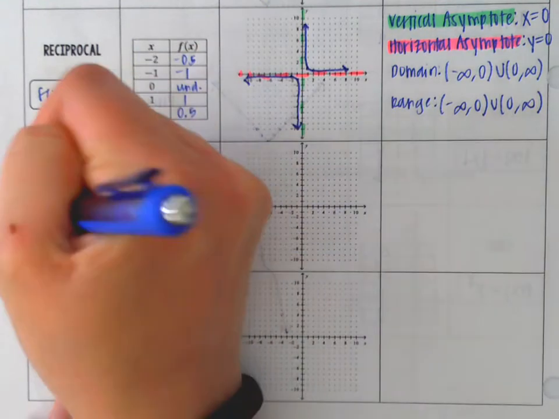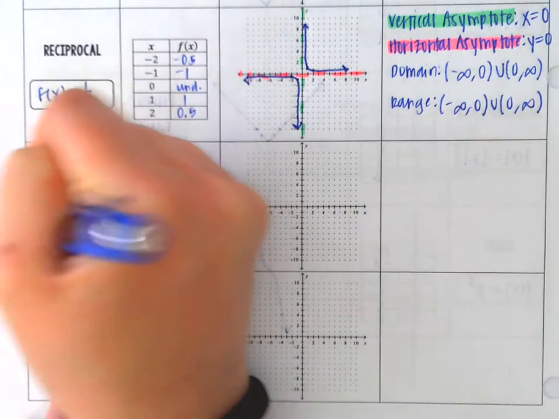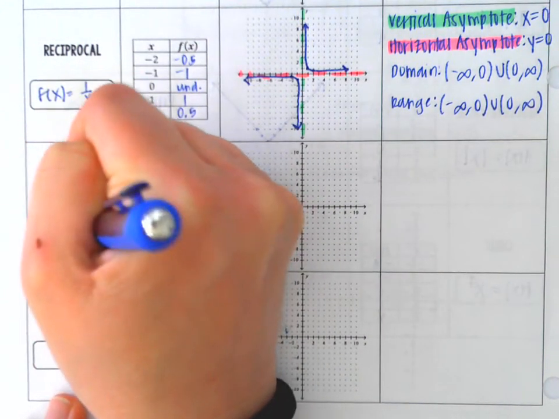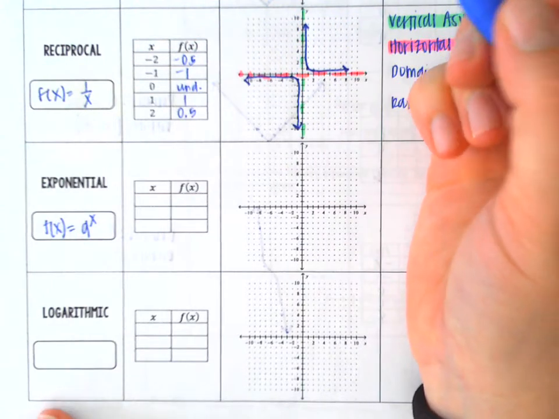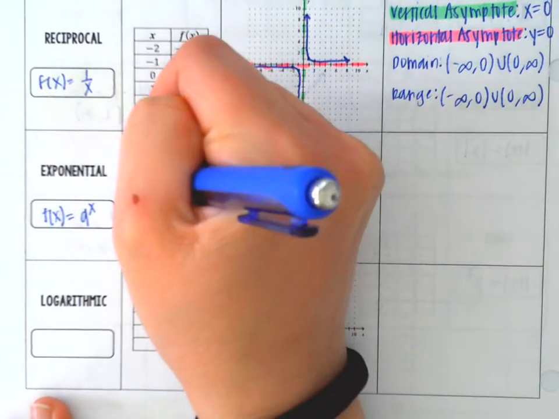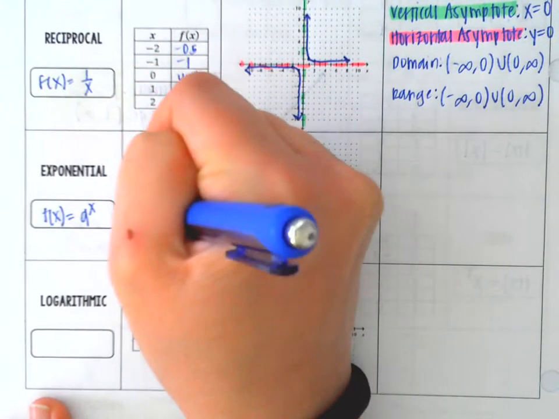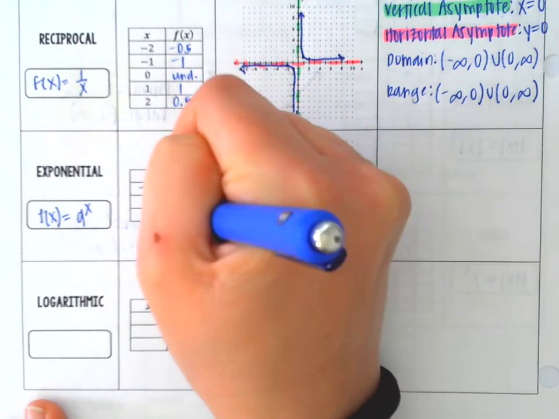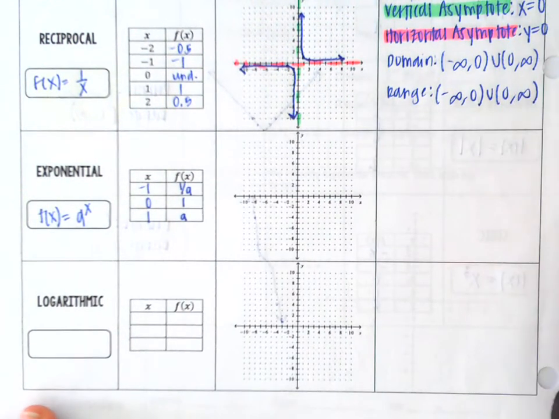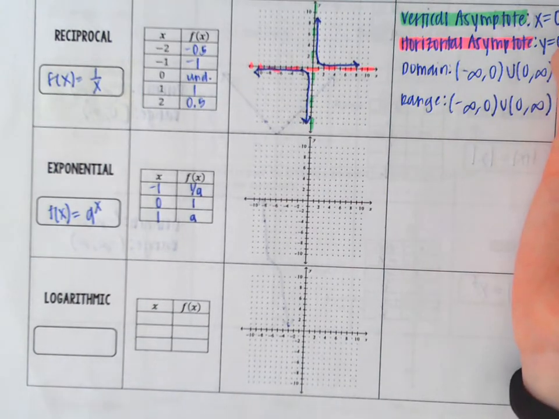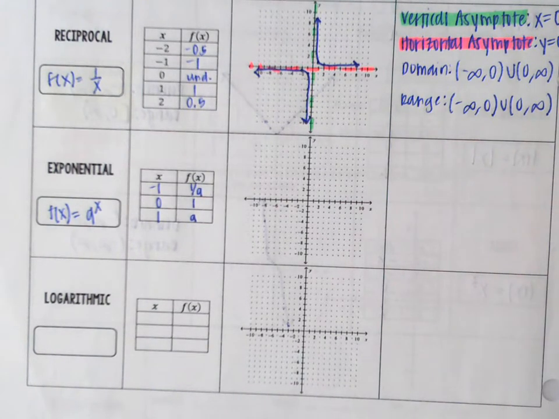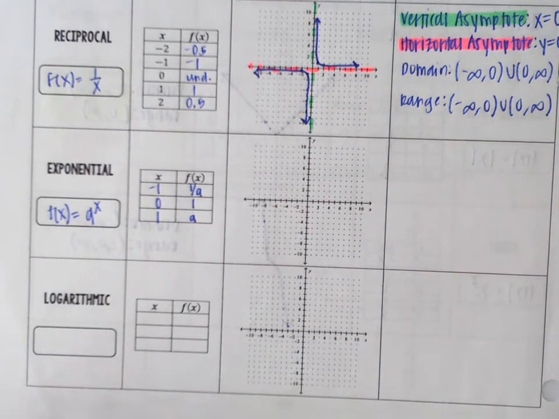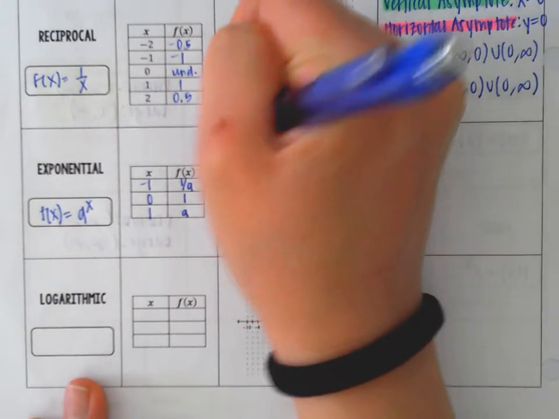So the parent function for exponential is f of x is equal to a to the x power. In our parent function table, we always use -1, 0, and 1. And then it's 1 over a, 1, and a. Now I'm going to be going off of 2 to the x power.